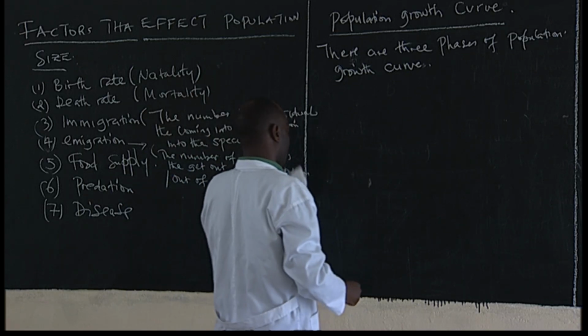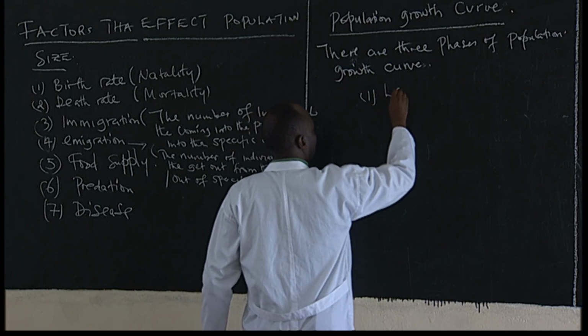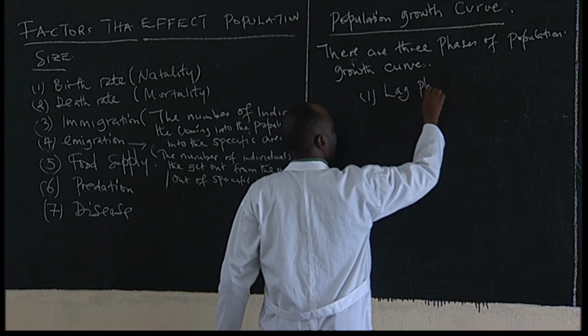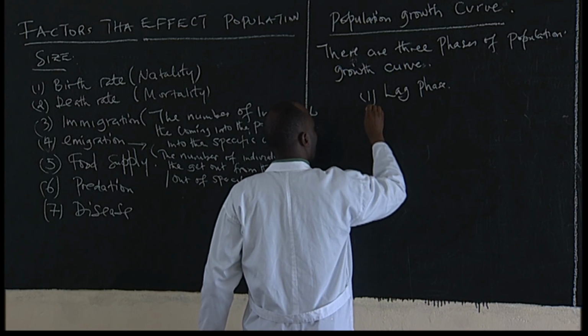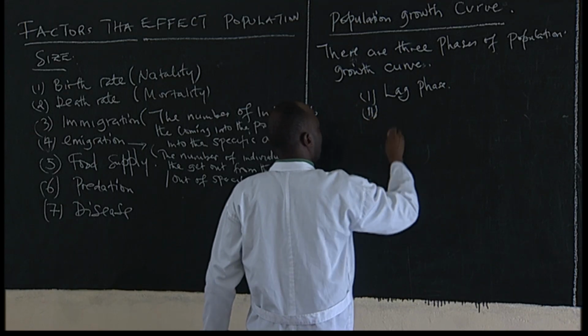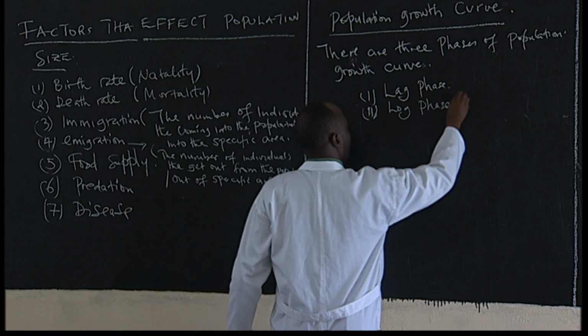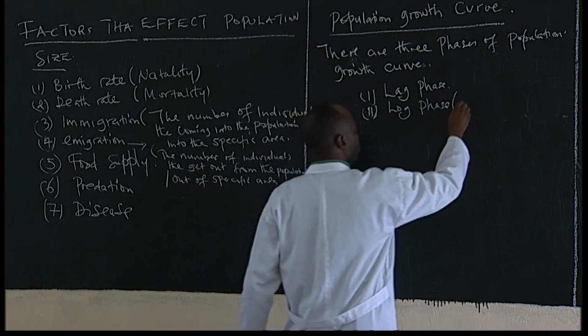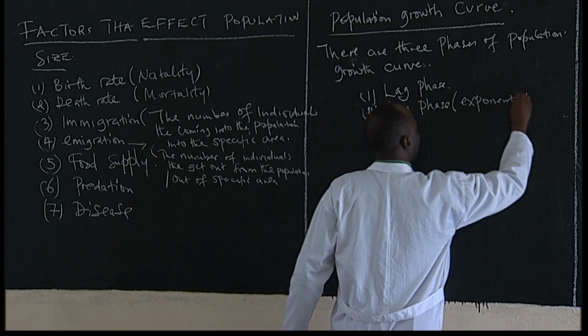Number one is the lag phase. Number two, phase 2, is the log phase. Sometimes we call it the exponential phase.